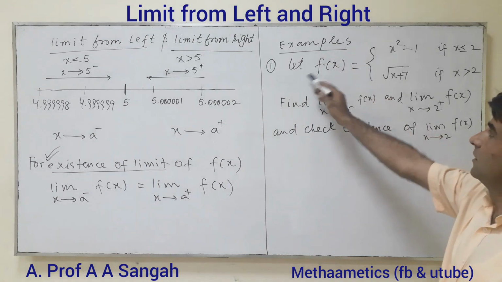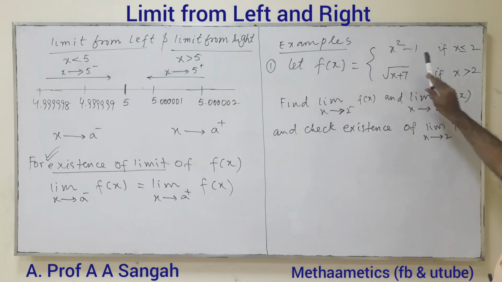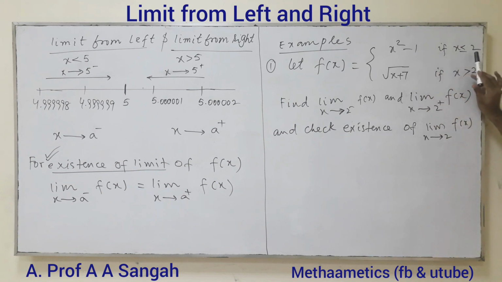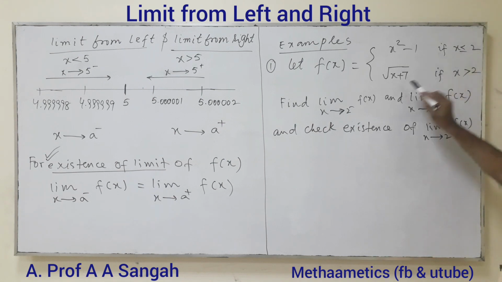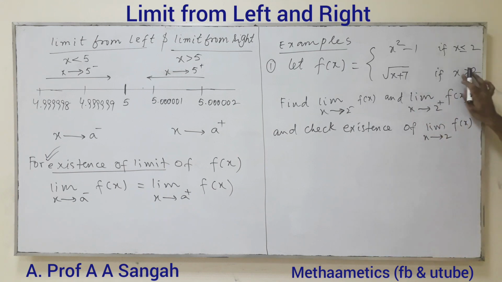Example 1. Let f of x equal x square minus 1 if x is less than or equal to 2, meaning here x approaches 2 from the left hand side, and here x approaches from the right hand side, because x is greater than 2.